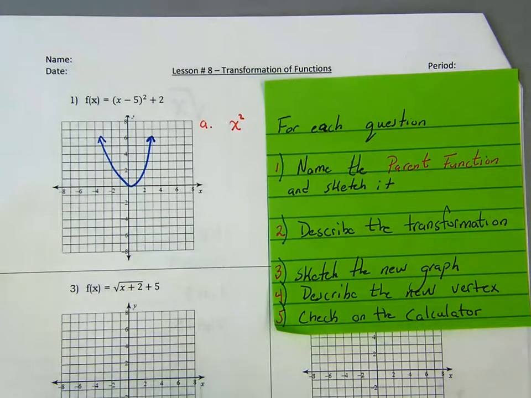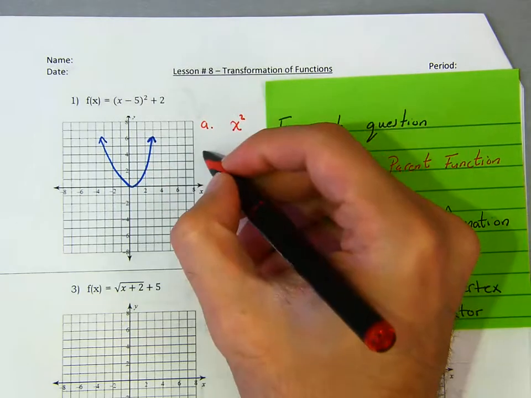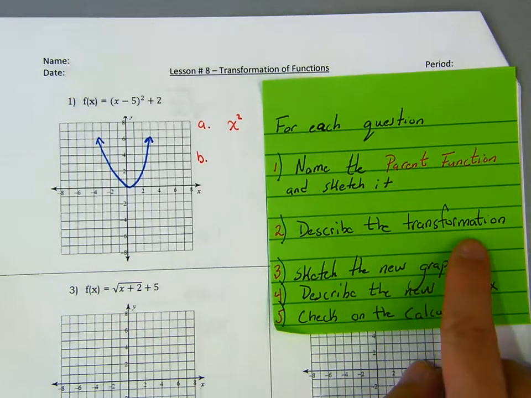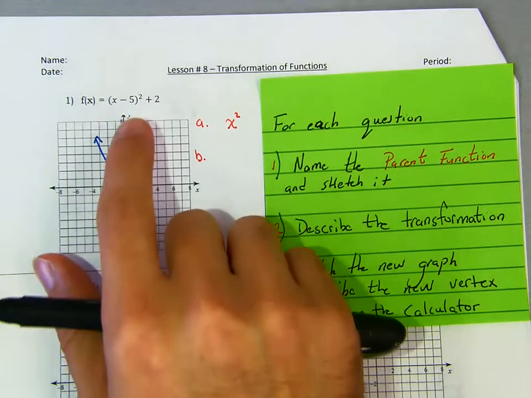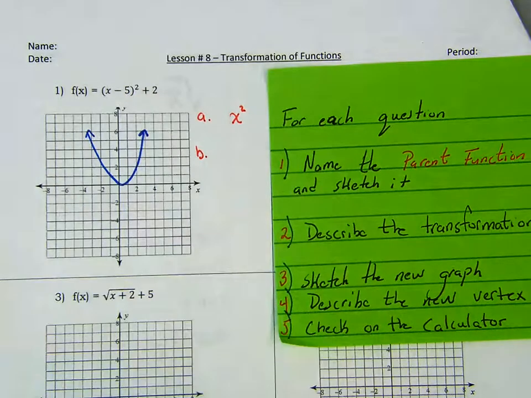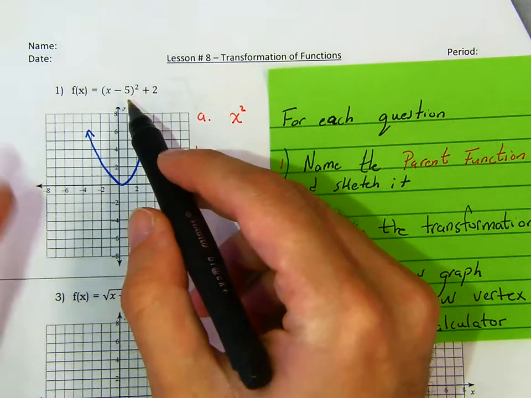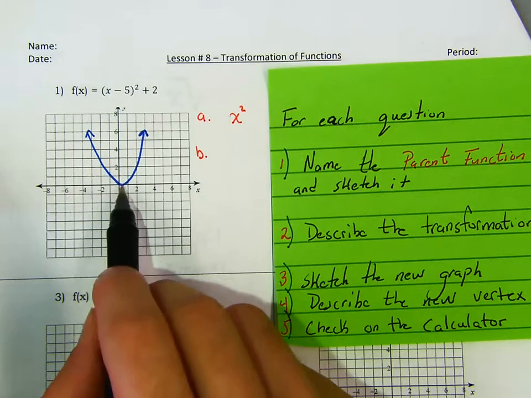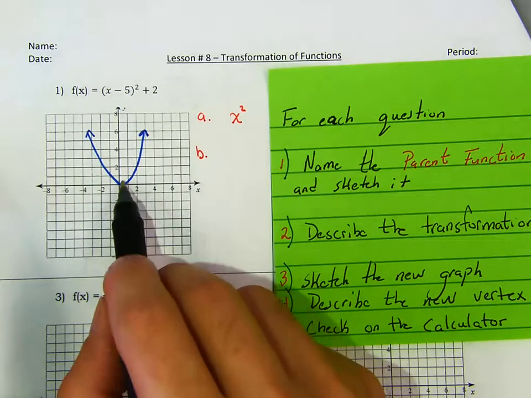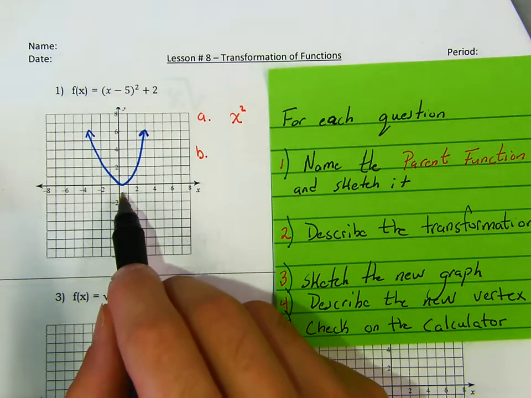Now here, part B, what am I asking? Part B, I'm asking you to describe the transformation. So notice that because you have a minus 5 on the inside, does the minus 5 on the inside tell me to go left, right, up, or down, 5 units?